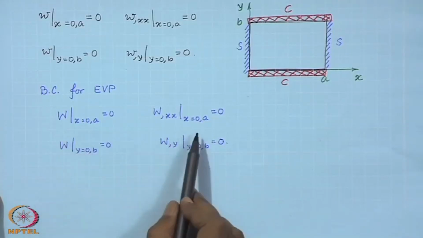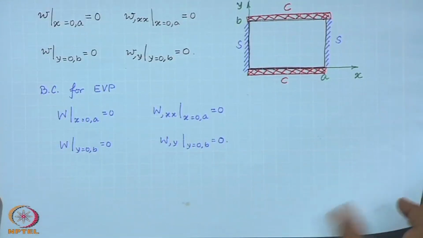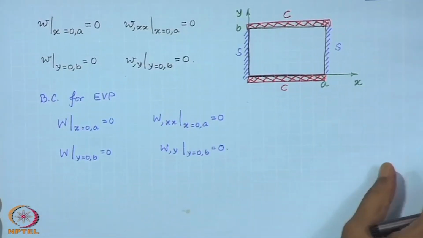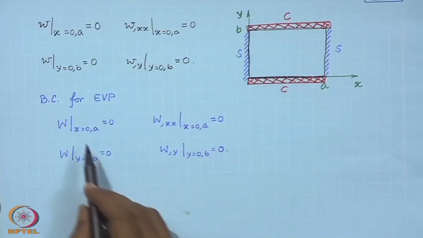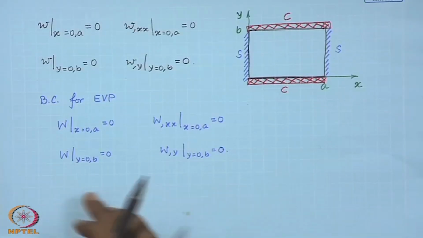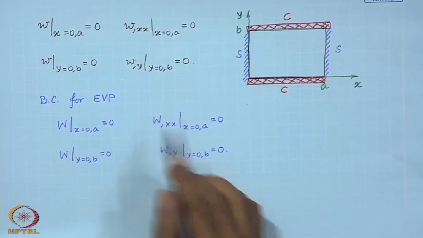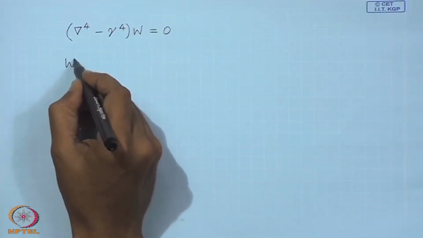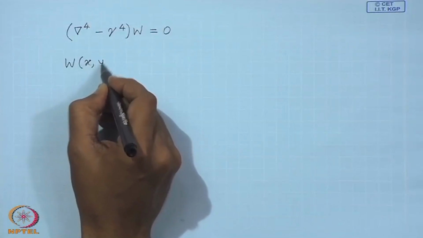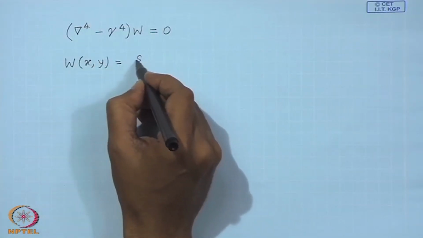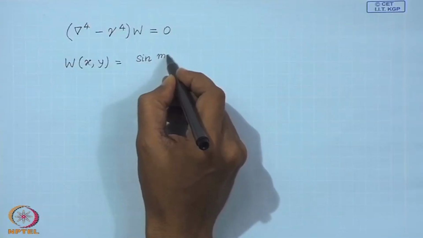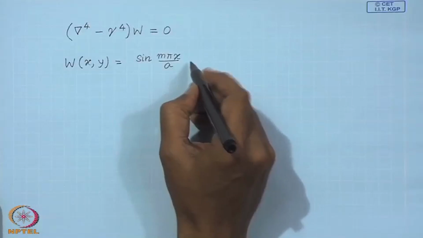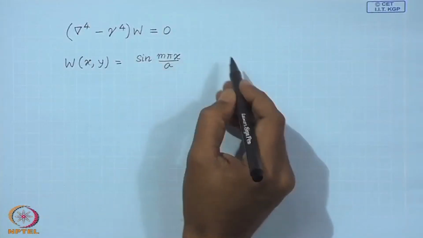So, let us try a solution which already satisfies these two boundary conditions, at x equal to 0 and a, the displacement and the moments being 0. We know that sin m pi x over a is a function which satisfies these 4 boundary conditions, 2 on each edge.